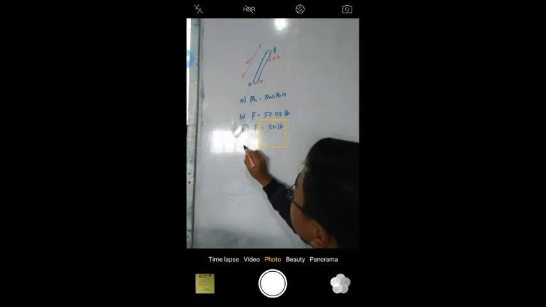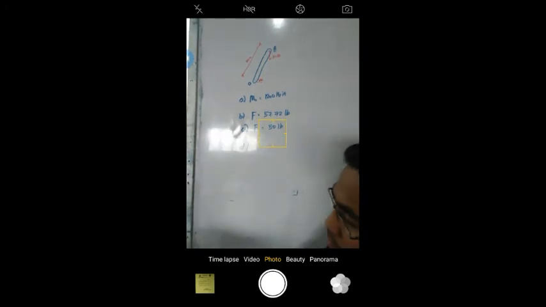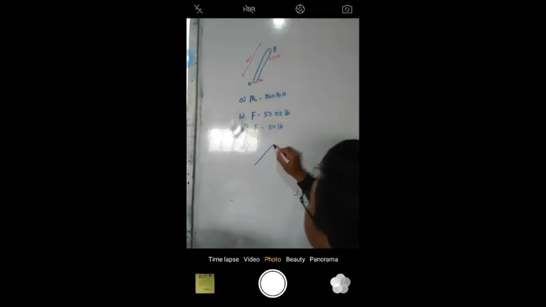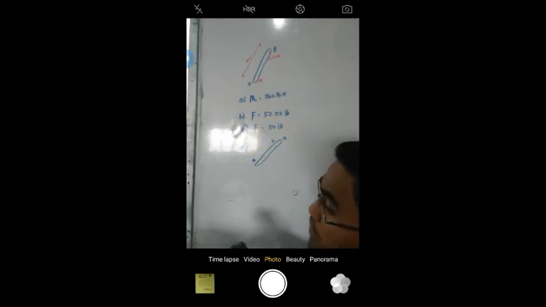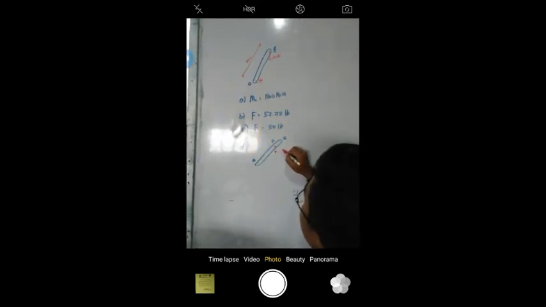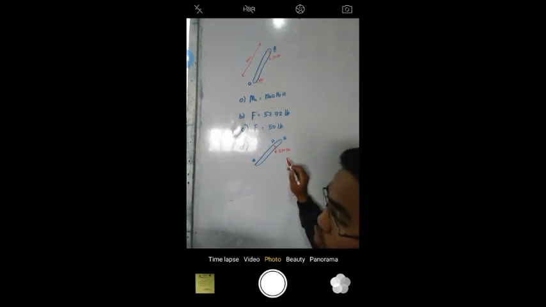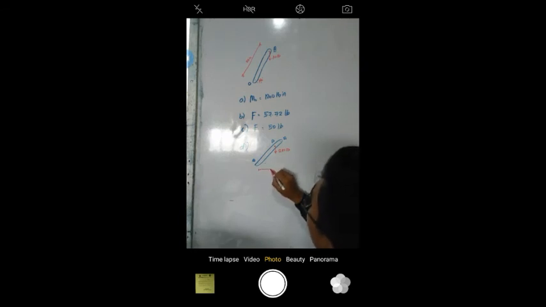So for letter D, this is point O, this is point A, and assuming the 240 pounds is here, a vertical force, we denote the distance as D. And this is the 60 degrees.